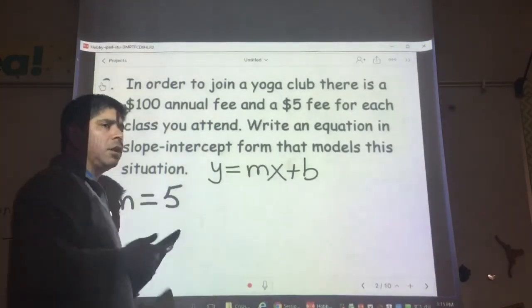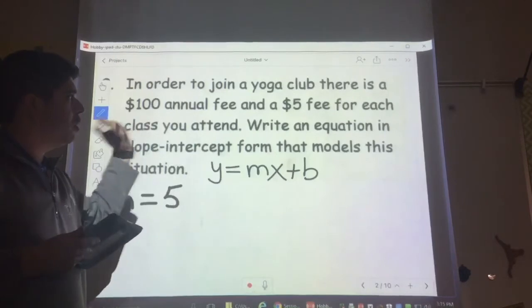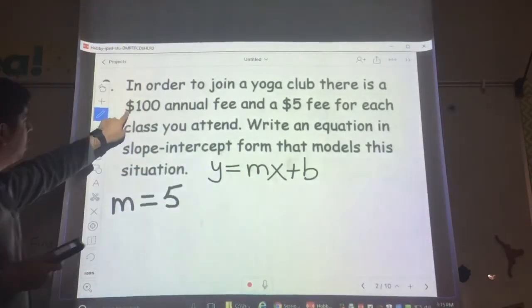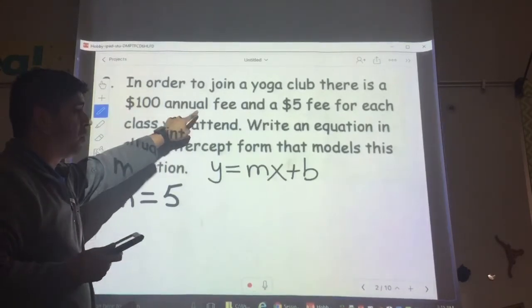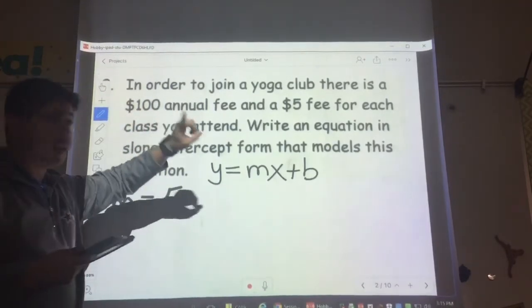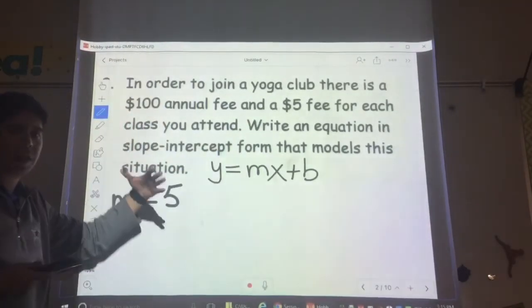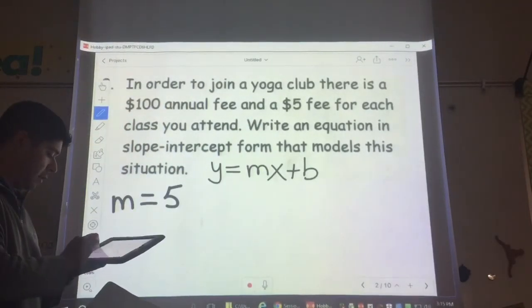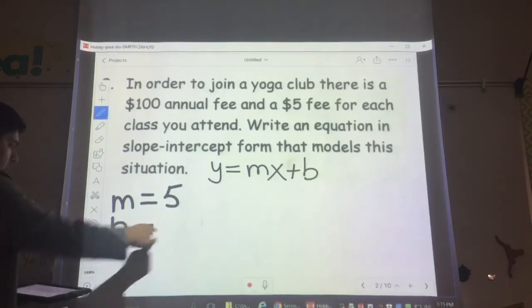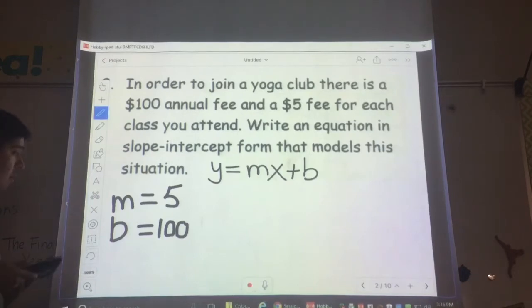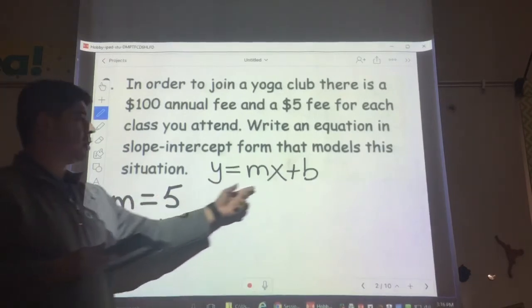Y-intercept, what do you already pay when you just start joining the class, like, automatically? Right here, $100 annual fee. So do you pay $100 one time? Yes. Do you pay $5 one time? No, you're going to pay $5 for each class. So my y-intercept is going to be 100. So now that I have these two numbers, all I got to do is plug in.